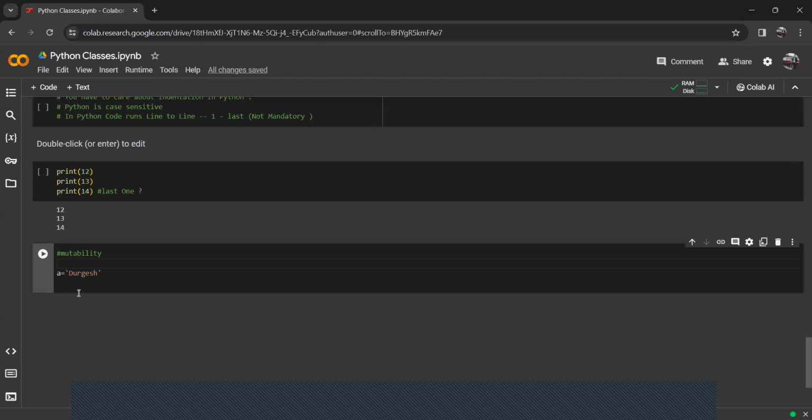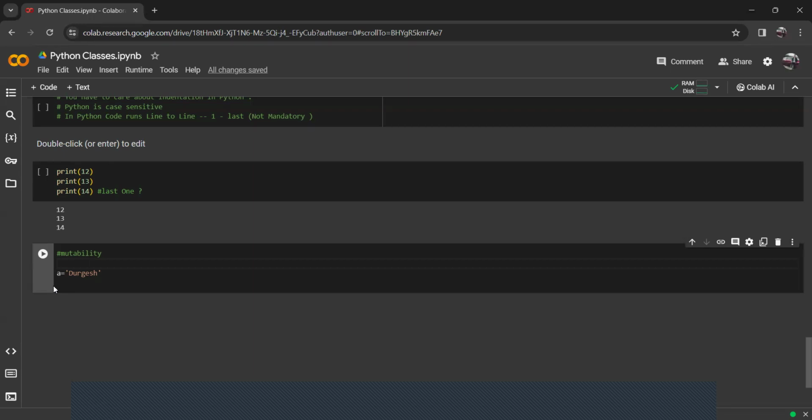But if A is defined as Durgesh, you cannot change this A. How many of you think a string is mutable or immutable? Tell me. How many of you think we can change something in a string?